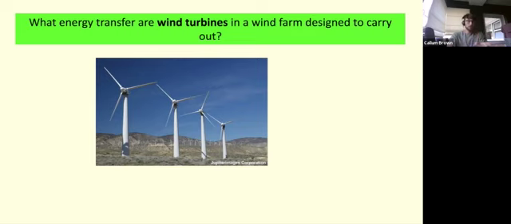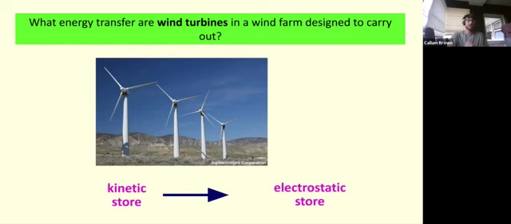So moving energy, we know it's kinetic. The kinetic energy from the wind is going to be transferred into an electrostatic store, the one I was talking about earlier in the circuits. The electrostatic store is then transferred through an electrical circuit, and it will have another function in your homes or in a workplace or in an industry. So it's constantly being transferred from one to another: kinetic energy in the wind transferring to an electrostatic store.